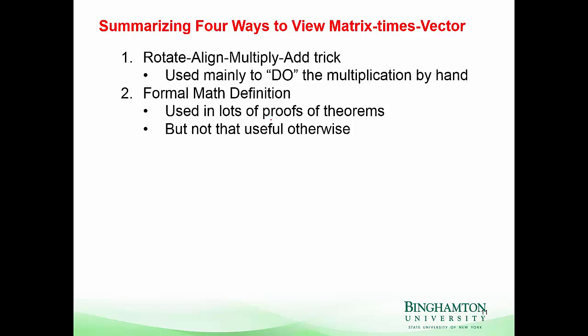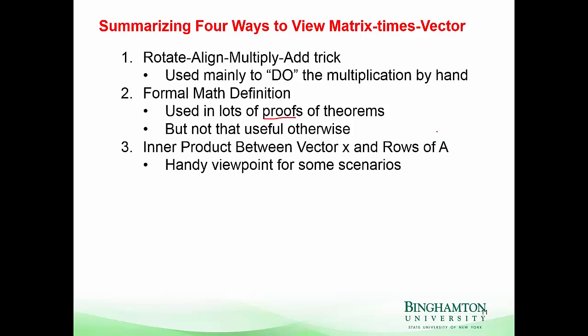And the place where that's used is for proving theorems, and we're not going to really do that in this course. But if you were to take linear algebra in a math department, their job is to learn how to prove all the theorems and to train you as a mathematician would be trained. So they go through all the proofs, but we're not going to do that.